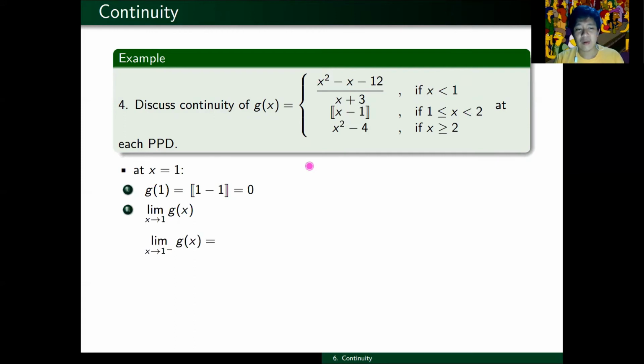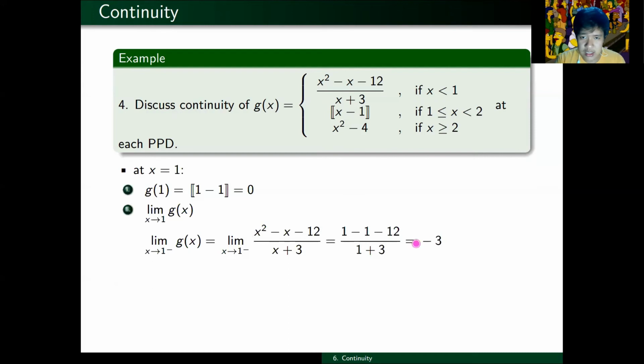Limit as x approaches 1 from the left of g of x, ang gagamitin ko pong function ay yung function sa kaliwa ni 1, which is this one. Then I can just plug in 1. Wala naman tayong magiging problema to get the limit of this. I get 1 minus 1 minus 12 over 1 plus 3. I get -3. Yung taas kasi magiging -12. Yung baba 4, kaya -3.